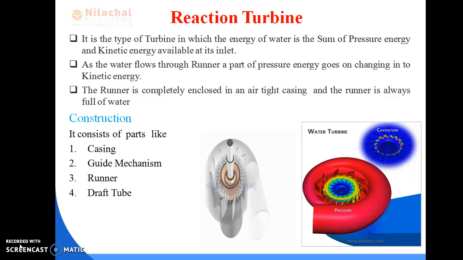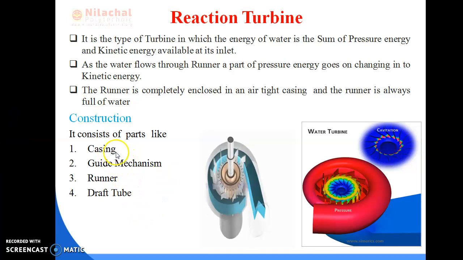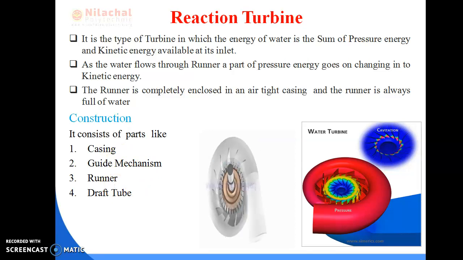Now let us go through the constructional features of a reaction turbine. The reaction turbine consists of the following parts. One is the casing, second is the guide blade mechanism, third is the runner, and lastly the draft tube.